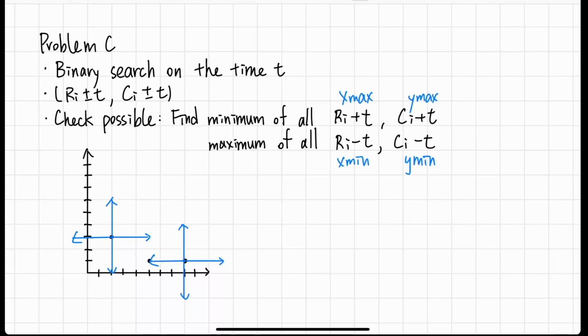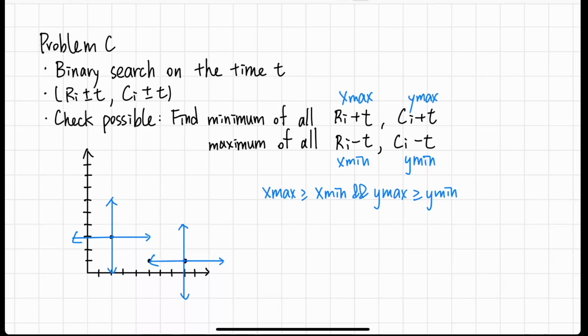And in the end, we can check if the maximum x value is greater than the minimum. So in the end, we can check if x max is greater than or equal to x min and whether y max is greater than or equal to y min.